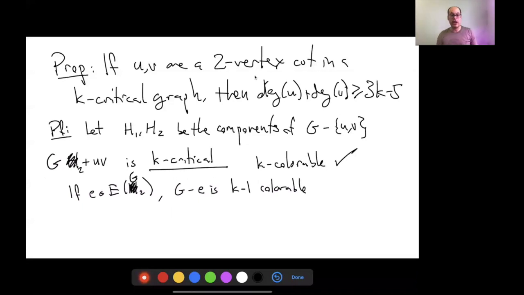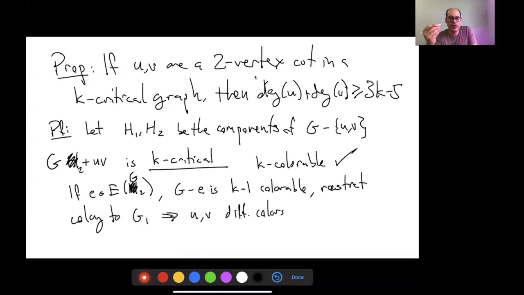Now, if you have an edge which is not that new edge, but is somewhere else, in other words, corresponding to an edge in the original G2, you know that when you remove it, your original graph is K minus 1 colorable. And if you again look at that K minus 1 coloring and restrict it to G1, you get a K minus 1 coloring of G1. And you know that in G1, every time you K minus 1 color it, U and V have to be assigned different colors.